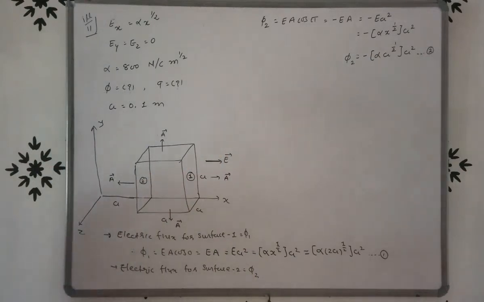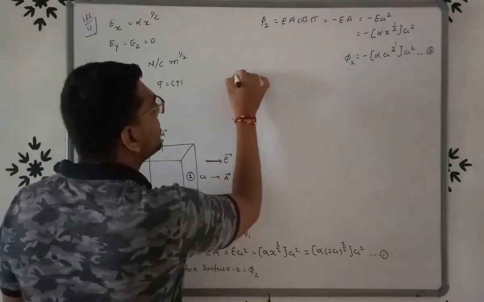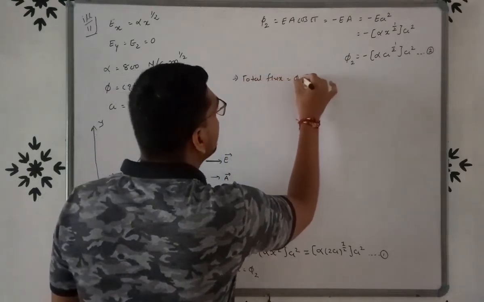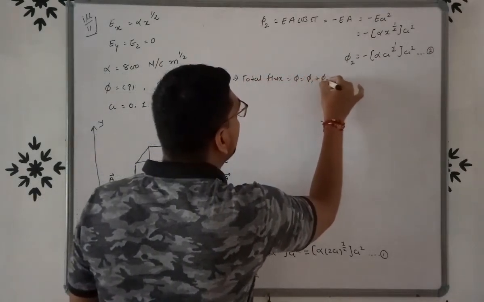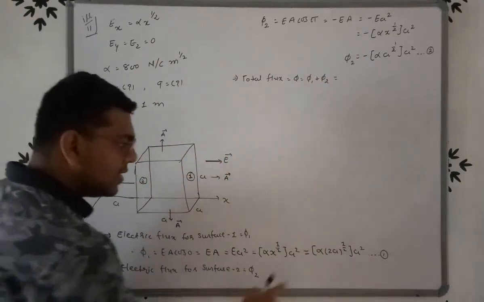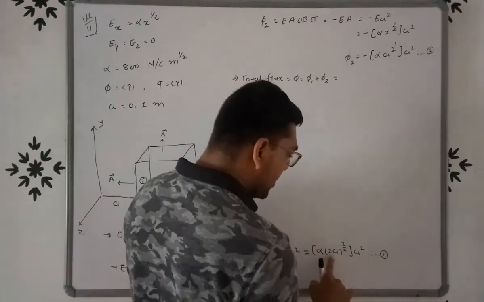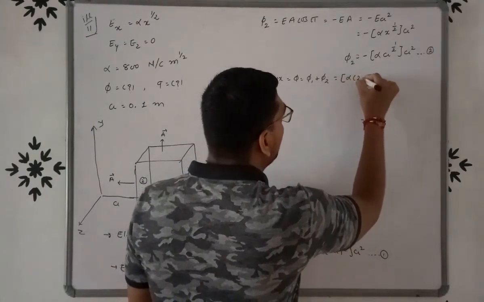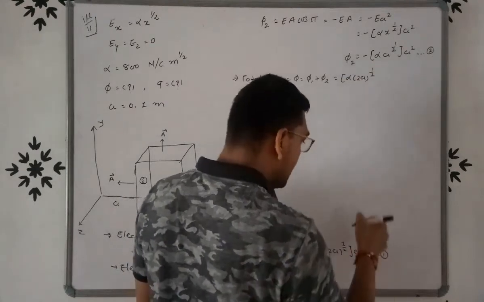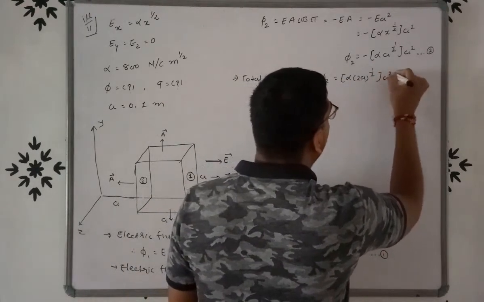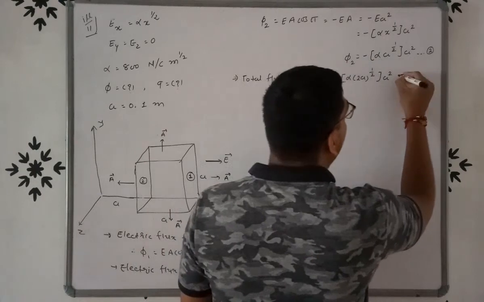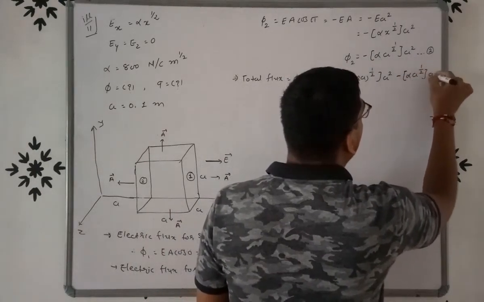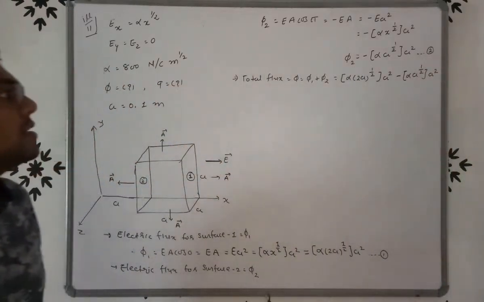Now we have to find out the total flux. So total flux phi is equal to phi 1 plus phi 2. So the value of phi 1 is alpha 2A raised to 1 by 2 into A square, plus, but phi 2 is minus, so minus alpha A raised to 1 by 2 into A square, like this, right?